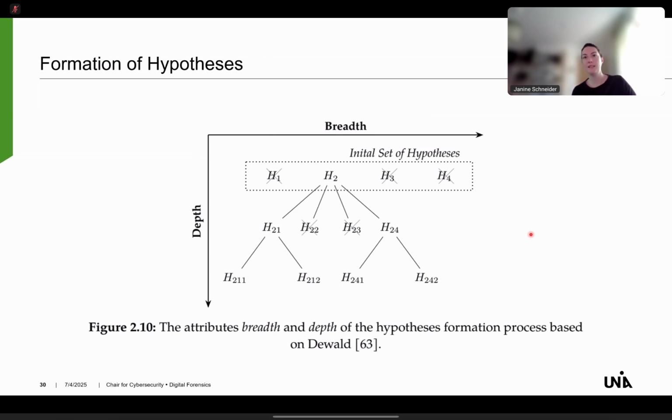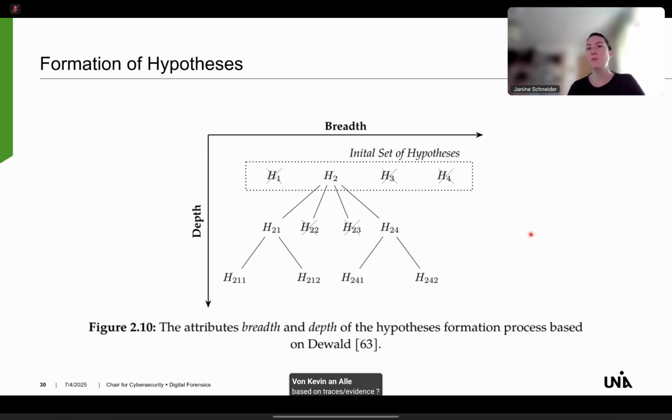How do hypotheses get formed? Based on what? Assumptions? Yeah, would that be good? Based on traces and evidence, exactly.